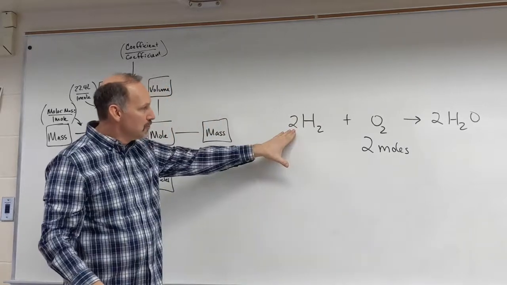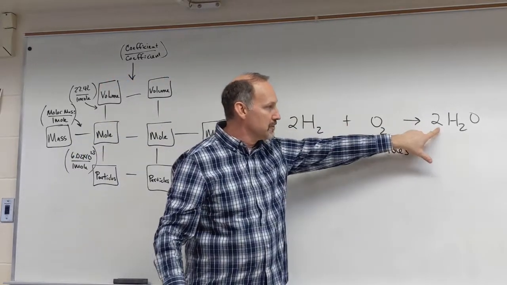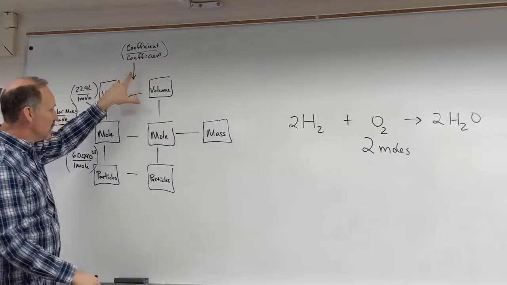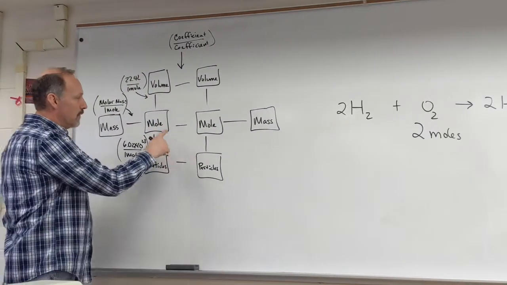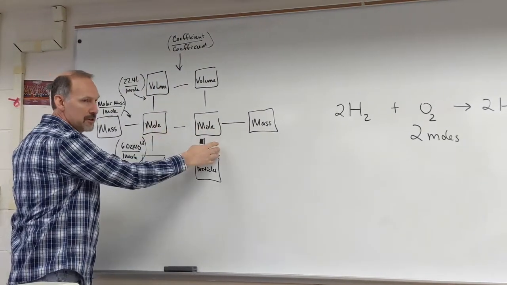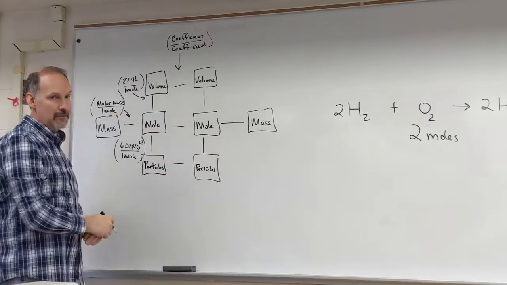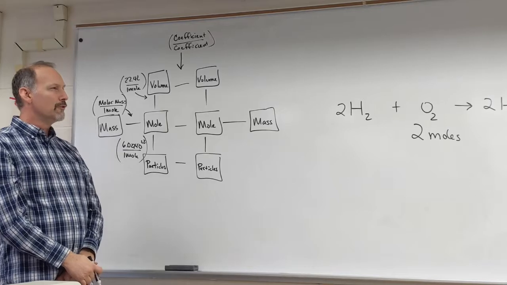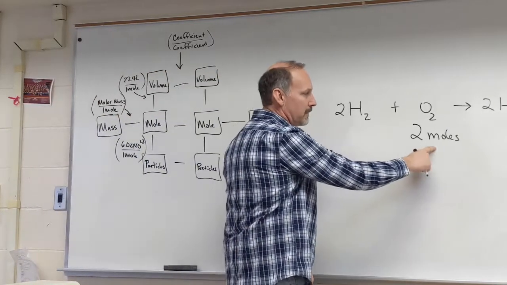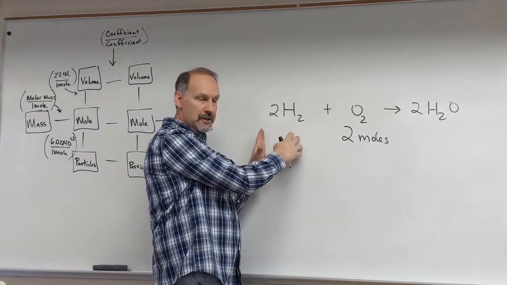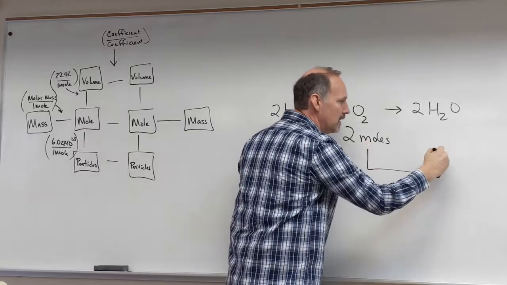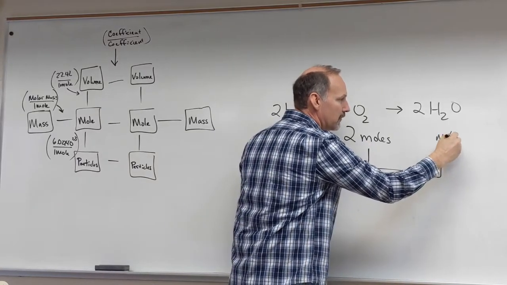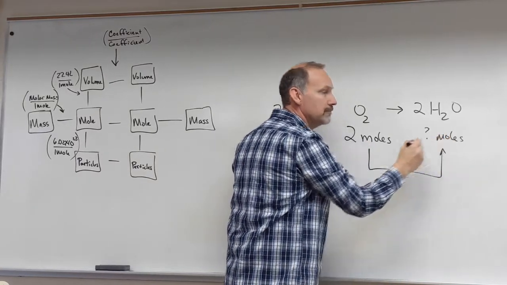And then those balancing coefficients, the numbers in front of the formula, are what we use for our middle jump when we jump from one material to another material. Because we have 2 tables, okay? So let's just make up a problem. Let's say that we have 2 moles of oxygen and we've got more than enough hydrogen. We want to know, well, how many moles of water will be created?